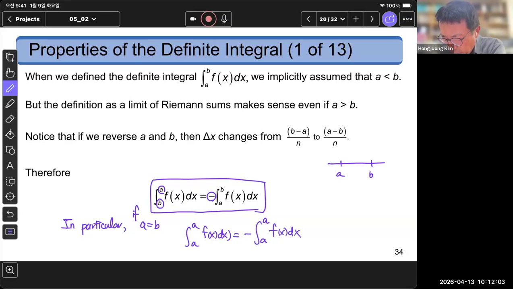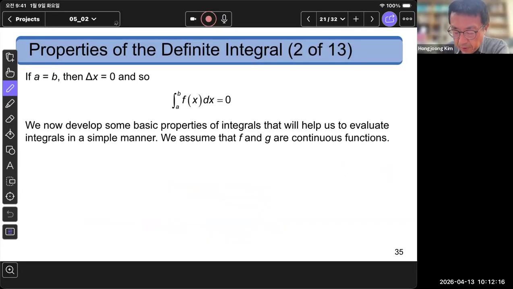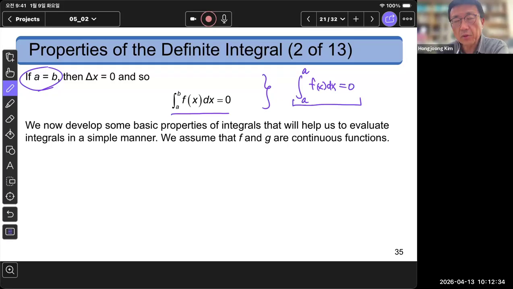And as I said, the definite integral is a number. The only number which is the same as its negation is 0. So if you integrate your function from a to a, you get 0. So if I consider the integration at a single point, it will be 0.